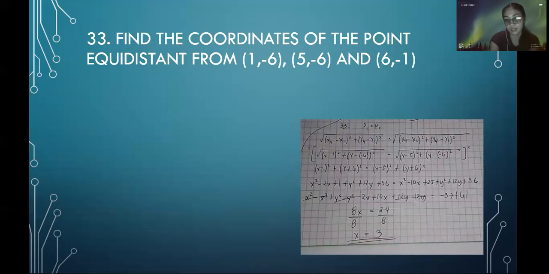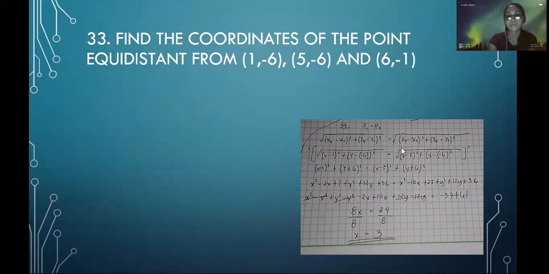So the square root of (x sub 4 minus x sub 1) squared plus (y sub 4 minus y sub 1) squared equals the square root of (x sub 4 minus x sub 2) squared plus (y sub 4 minus y sub 2) squared. Substitute the values. So the square root of (x minus 1) squared plus (y minus negative 6) squared equals the square root of (x minus 5) squared plus (y minus negative 6) squared. Then square both sides.